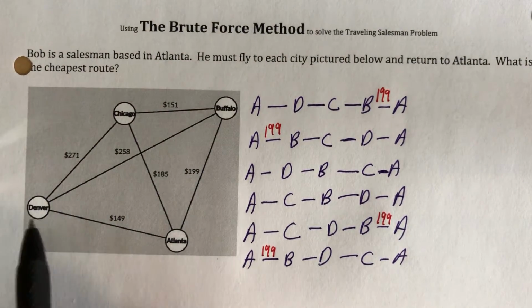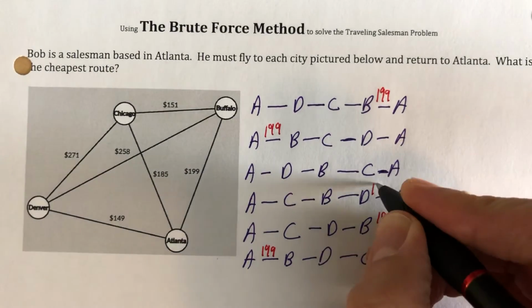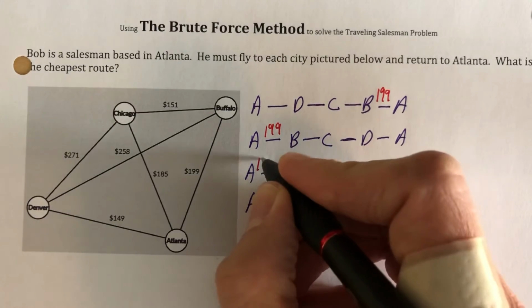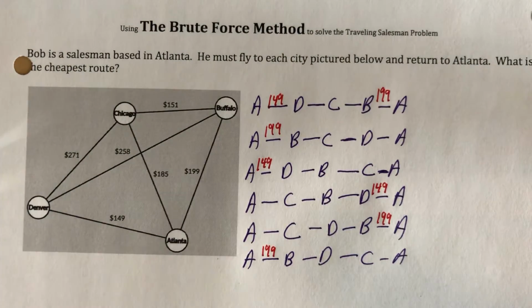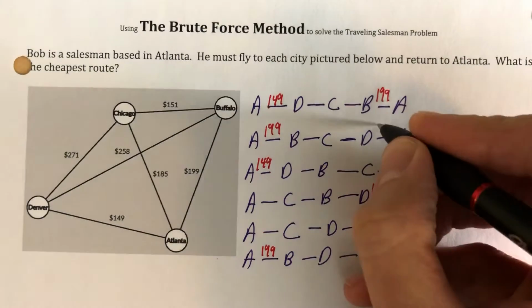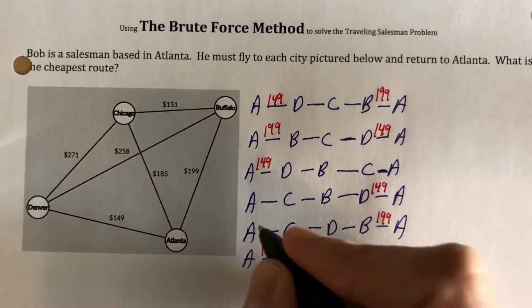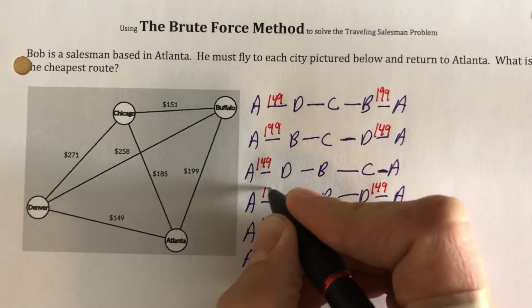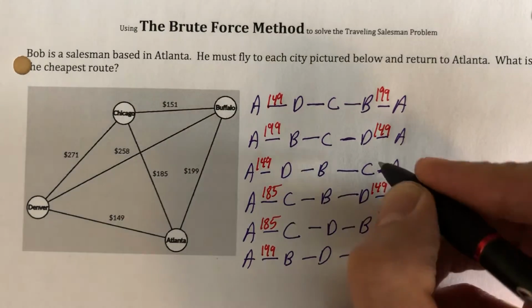Let's see. Atlanta to Denver is $149. So AD is $149, and I think that's all of those. Oh, nope, 149 right here. Atlanta to Chicago is 185, so all the ACs and CAs are also 185.